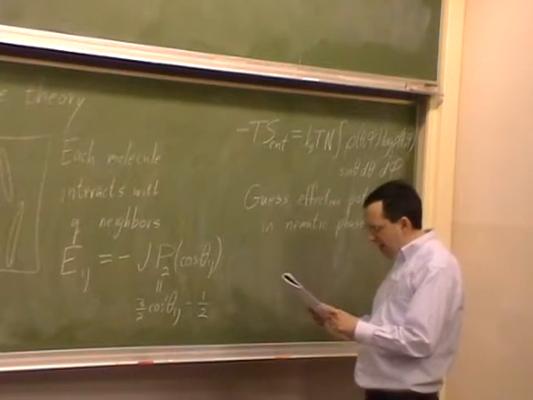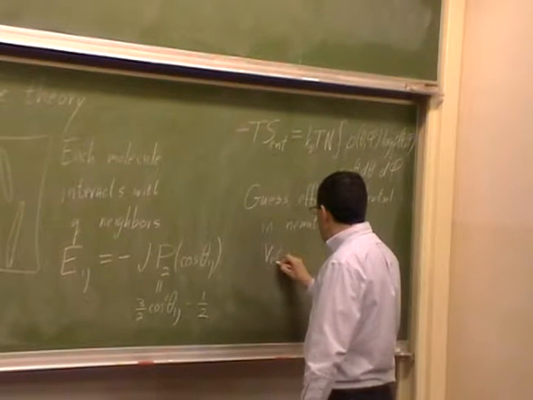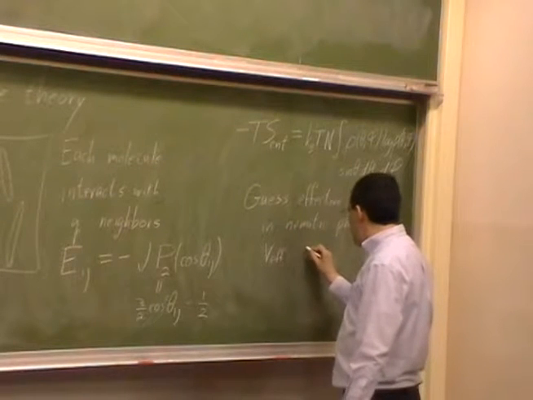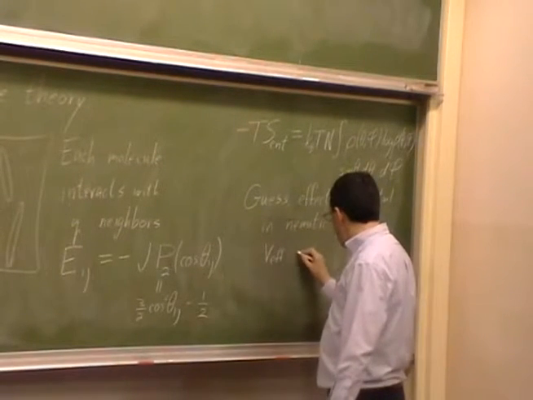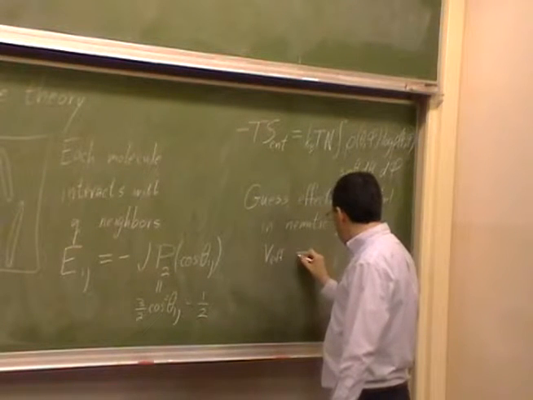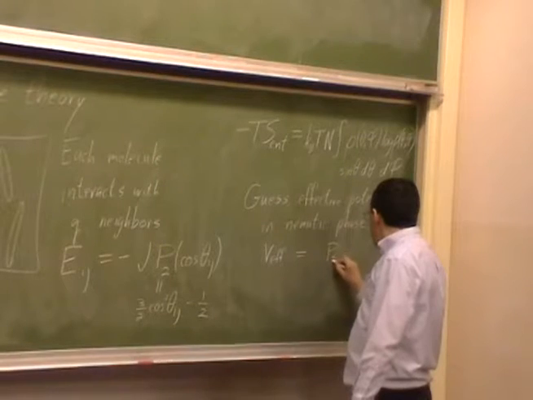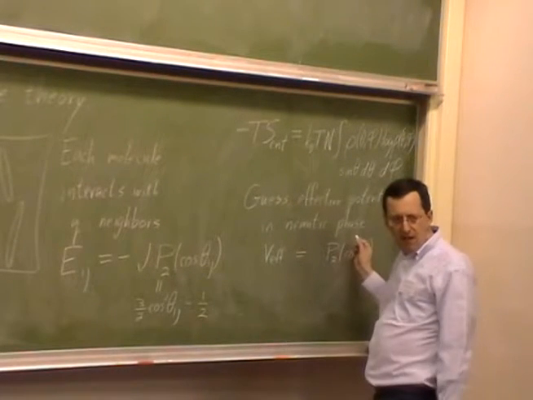Some effective potential V that looks like something proportional to this P2 of cosine theta, right?